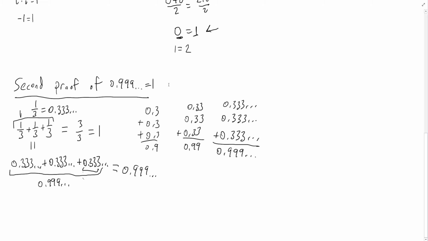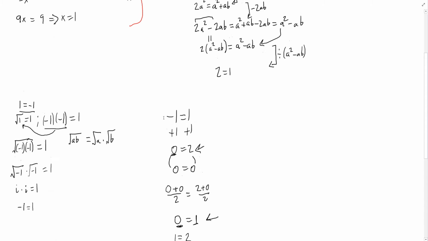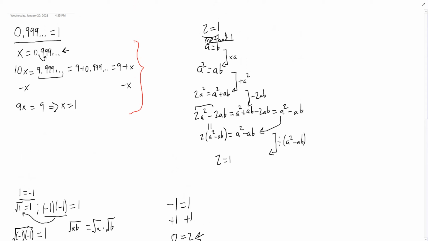So let's look at these two methods of proving that 2 equals 1 and see what went wrong. Now that you've had some time to think about it and get really uncomfortable with this, let's go through method 1 step by step and see where we can find a mistake.